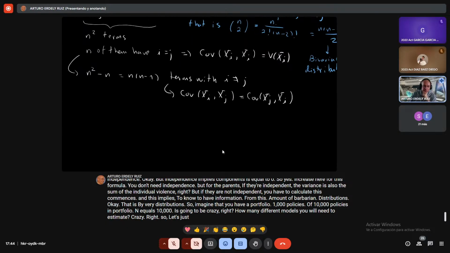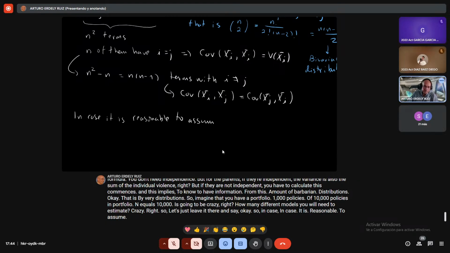So let's just leave it there and say, okay, in case it is reasonable to assume that x1 to xn are independent, I don't need them to be identically distributed, but independent.